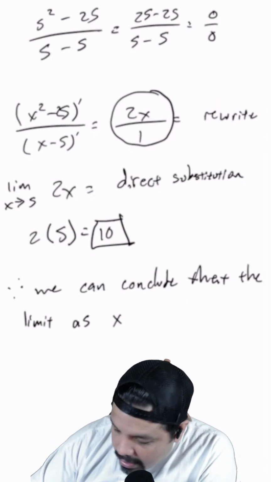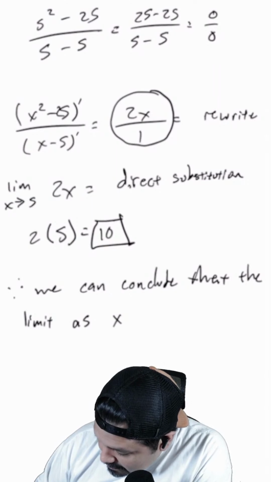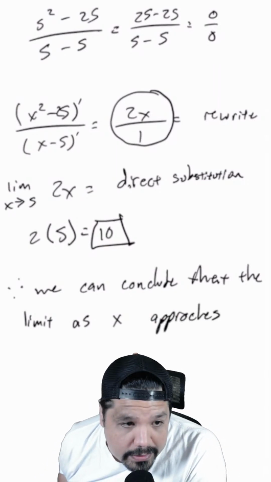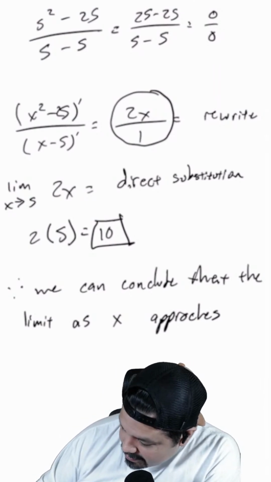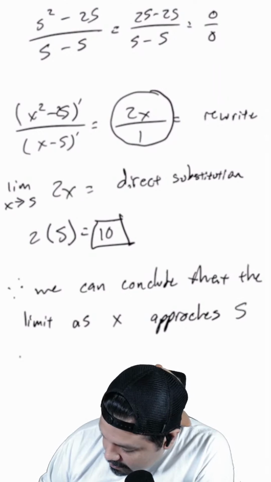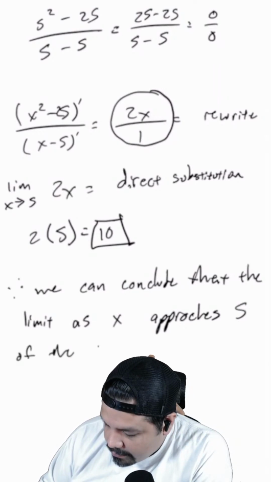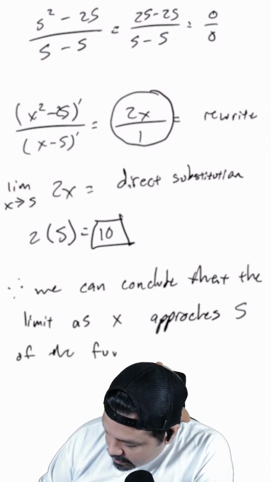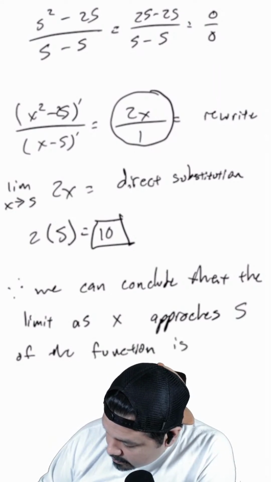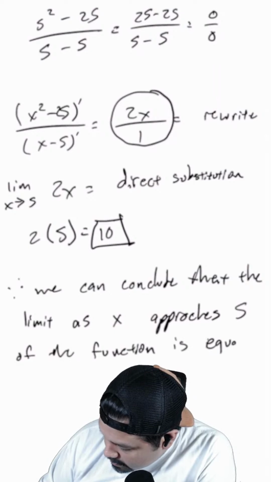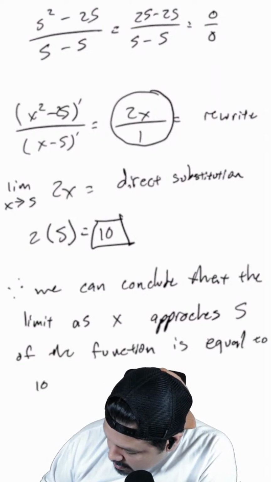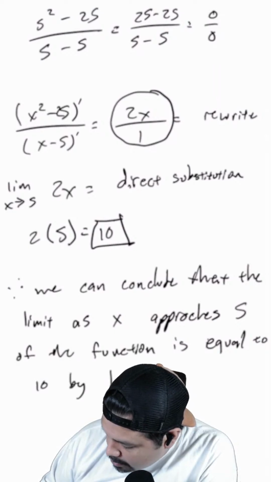I'm not having a good night with spelling, am I? There it is. The limit as x approaches 5 of the function is equal to 10 by L'Hopital's rule.